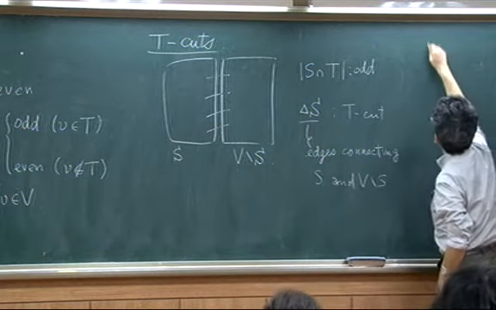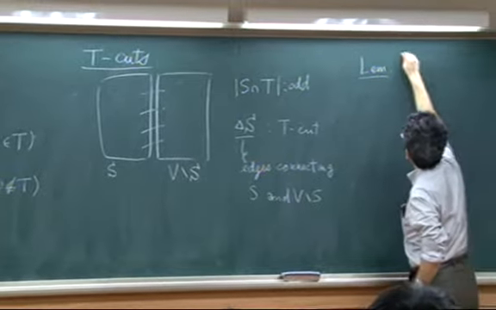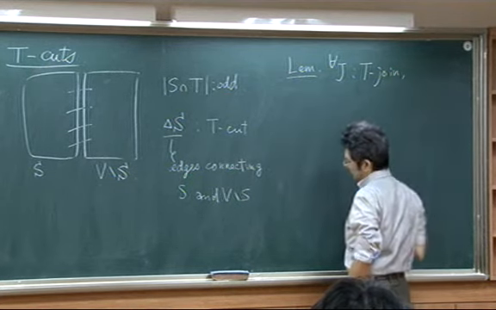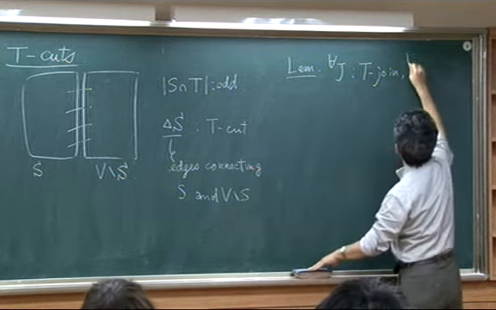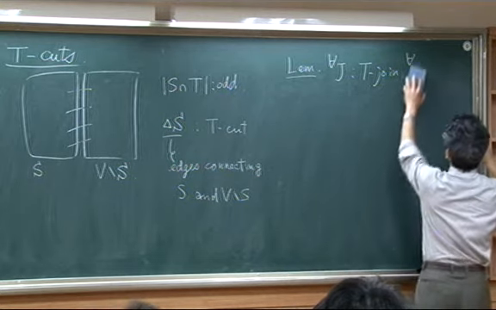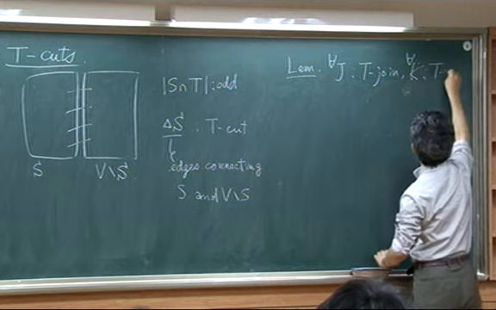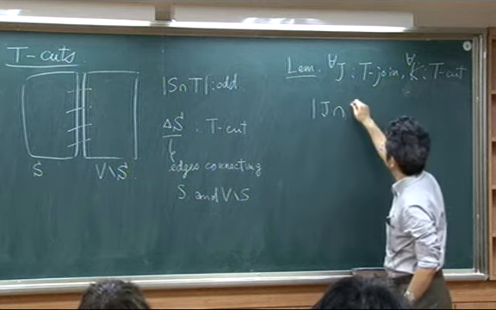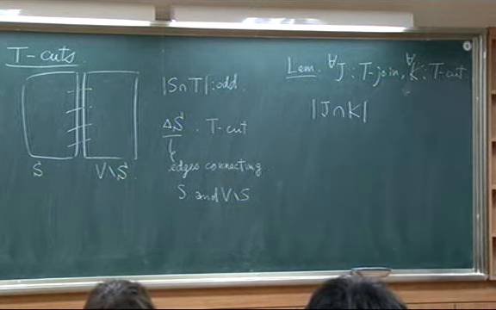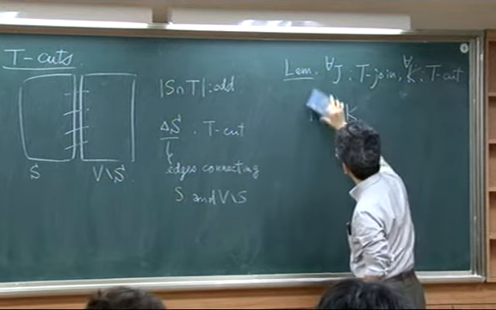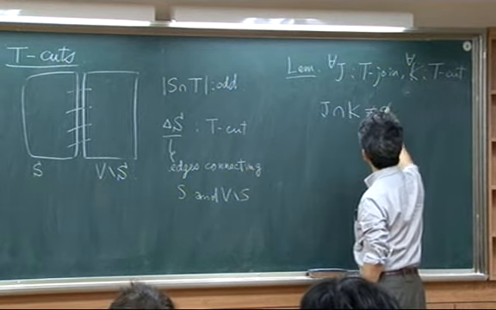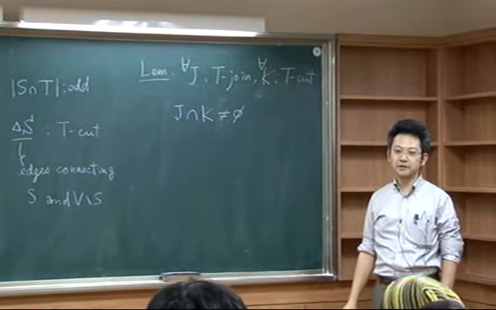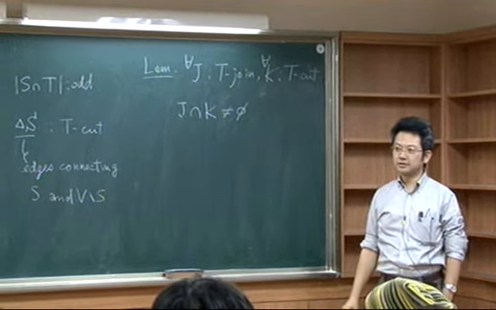Here's a very important fact: for any J which is a T-join, and for any C, I should write not C, maybe K, which is a T-cut, any T-join and any T-cut must intersect. Okay. So is this clear to you?